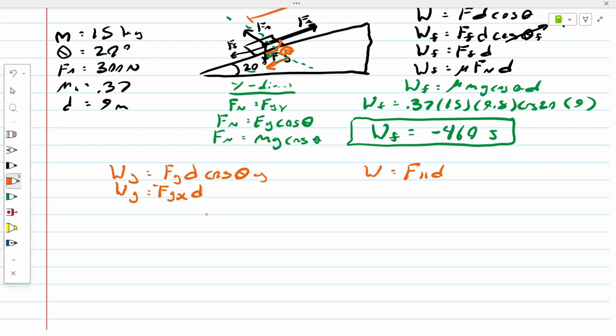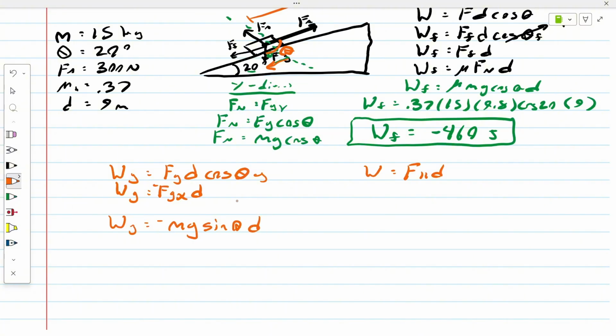Now we can find what Fgx is, which is just the mass times gravity, because that's the force due to gravity. But then the angle from this incline is cosine, or it's going to be sine because it's off the parallel. So it'll be sine of theta, and then times the distance.